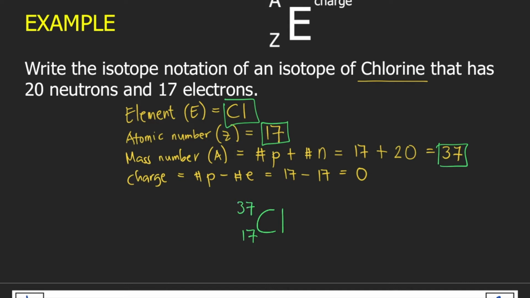And the charge is 0. Whenever the charge is 0, instead of putting 0, you don't put anything on the superscript. You just leave it as is. So our answer would be this one. That is the isotope notation for this example.